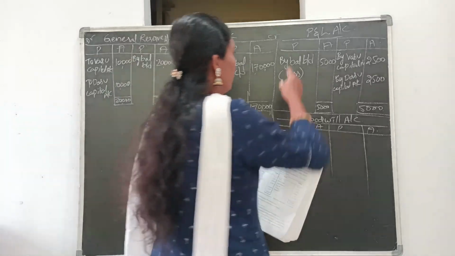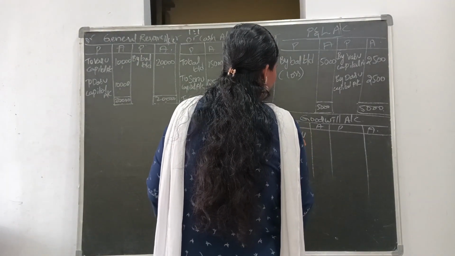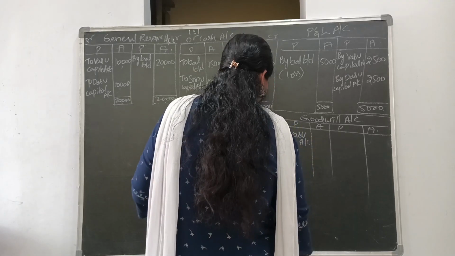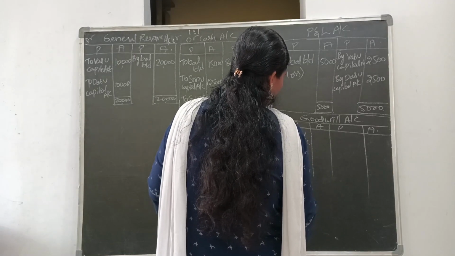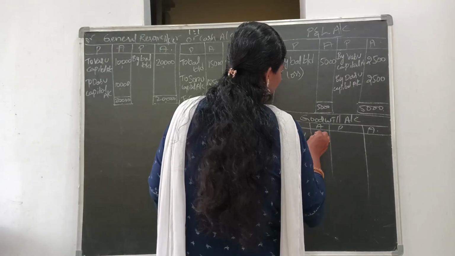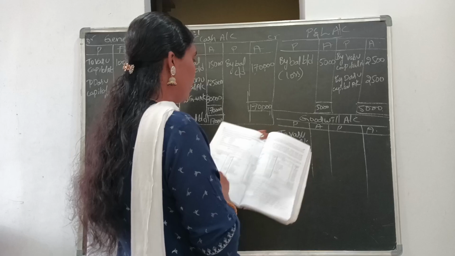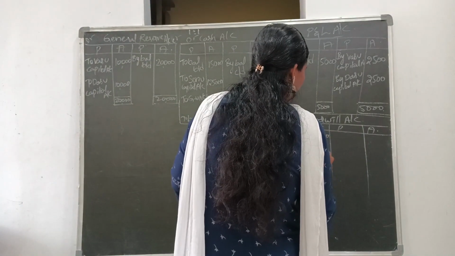Goodwill account debit to Vasu and Dasu. Vasu capital account and to Dasu capital account. So what is the amount of goodwill? 30,000. So 15,000, 15,000, so equally we are sharing.